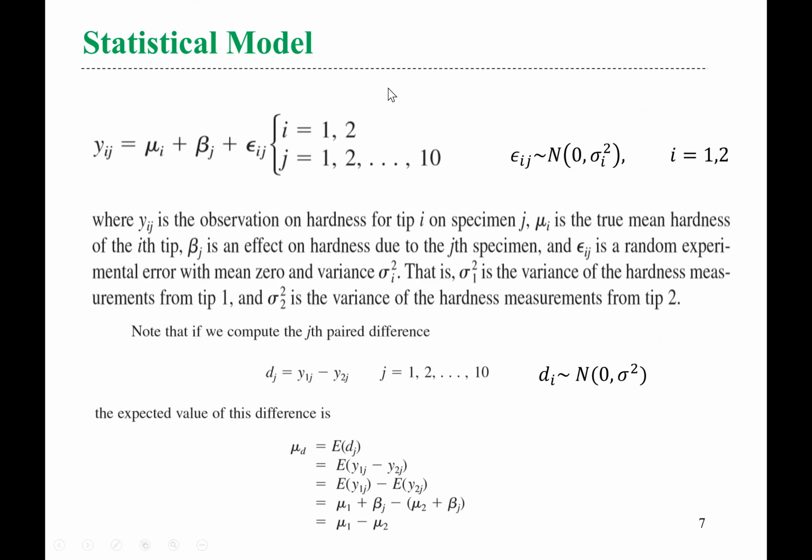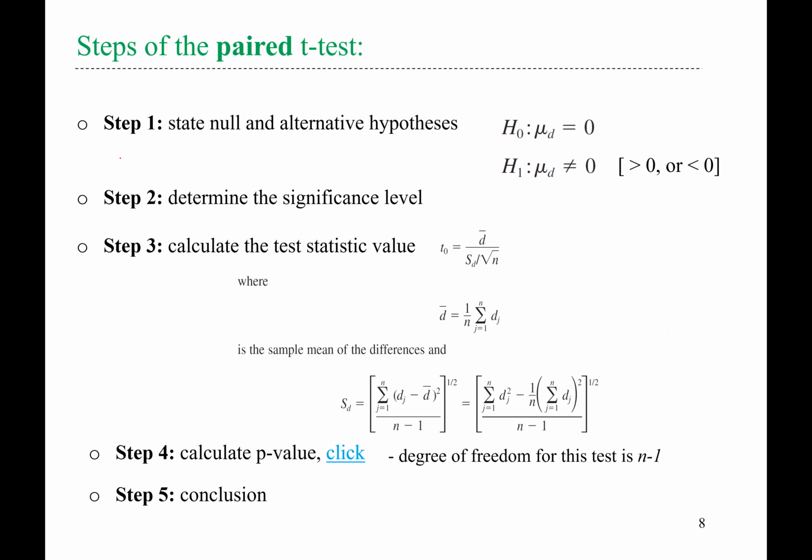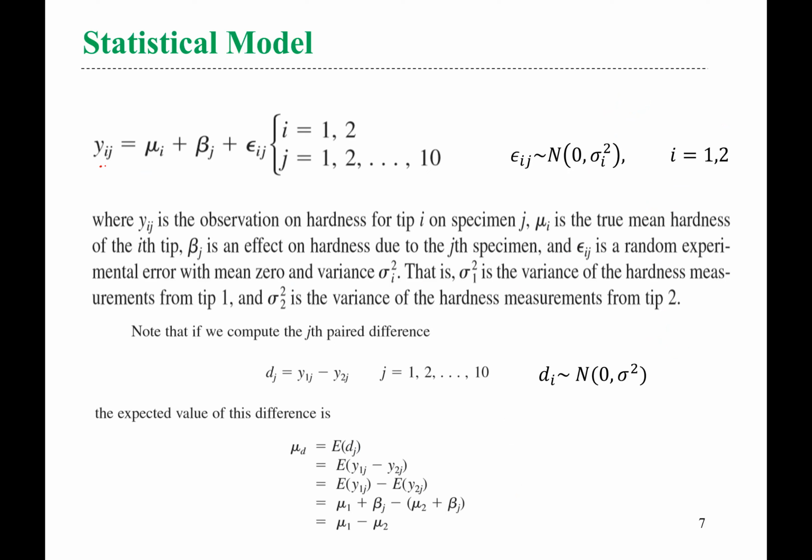So let's see the statistical model, will it change or not? The statistical model will change because it will be Yij equal mu i plus beta j. This is the effect of the specimen, the specimen effect.